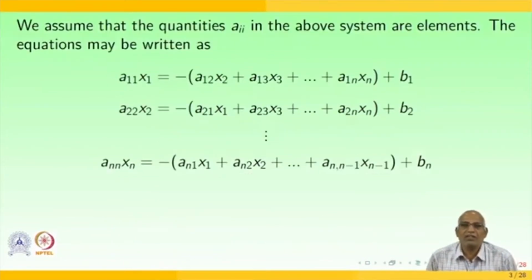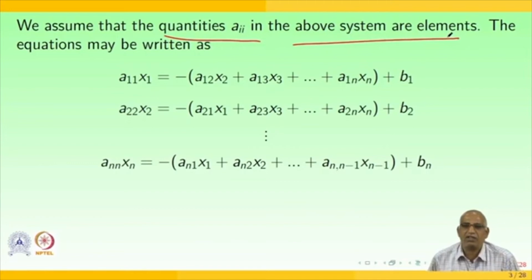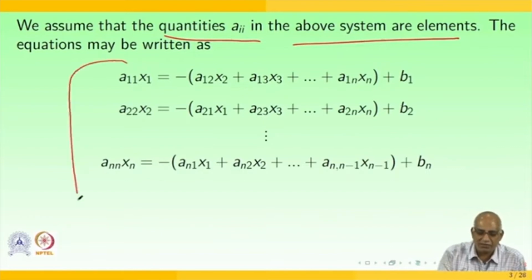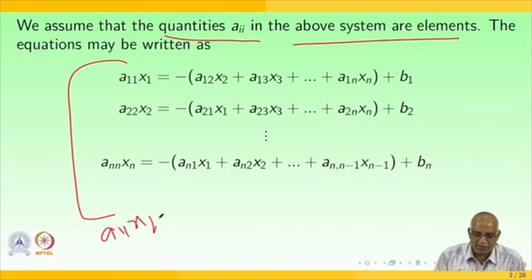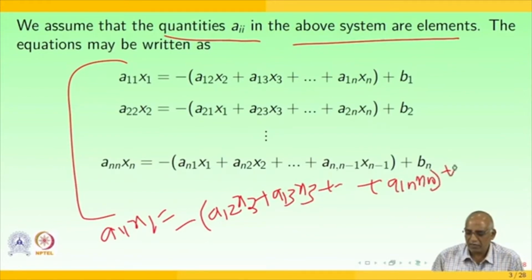We assume that the quantities aii in the above system are nonzero elements. The equations may be written as a11 x1 is minus of a12 x2 plus a13 x3, like that a1n xn, plus b1.